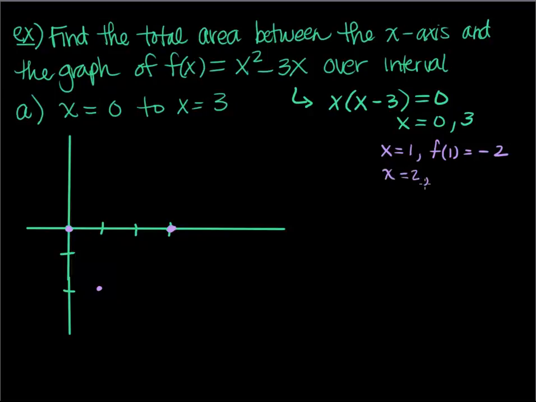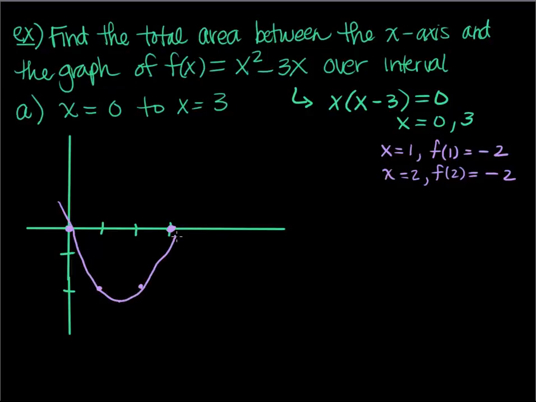But let's check: f of 2 is 4 minus 6, which is negative 2. So I'm also at negative 2 here. This is a parabola opening up, and these are some of my points. The vertex is probably right about here. It doesn't have to be perfect. I just want to get an idea of what this graph looks like.